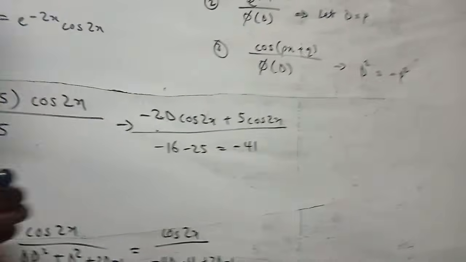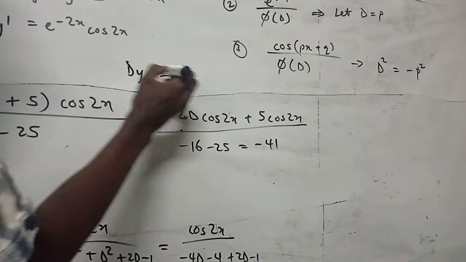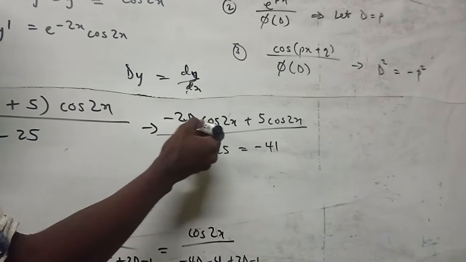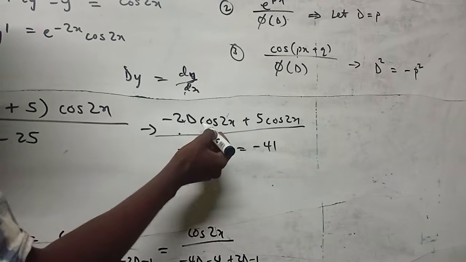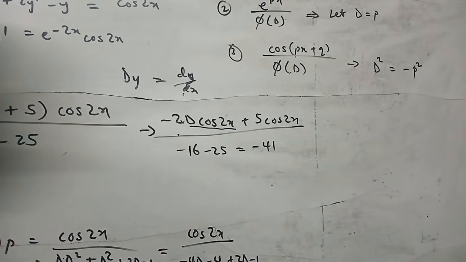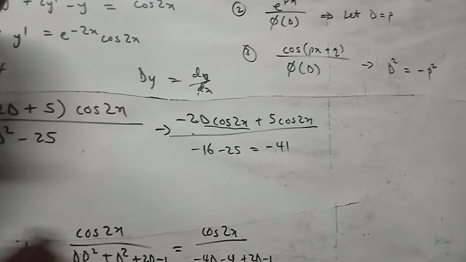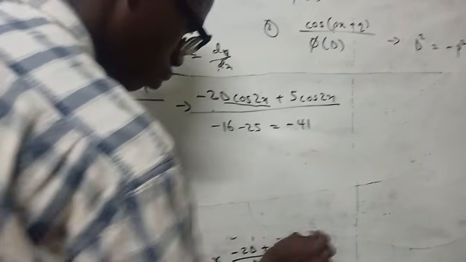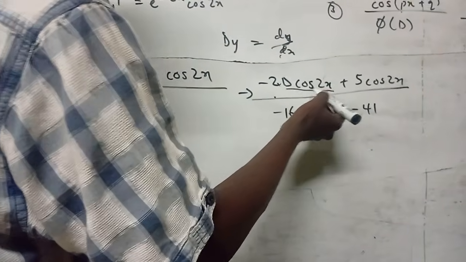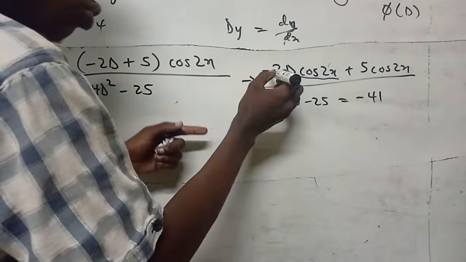Now look at this. Don't forget, d y means you should differentiate y. It means minus 2d cos 2x means differentiate cos 2x. So we are going to get something like: if you differentiate cos 2x, minus is going to come out, so it's going to turn this one to plus.